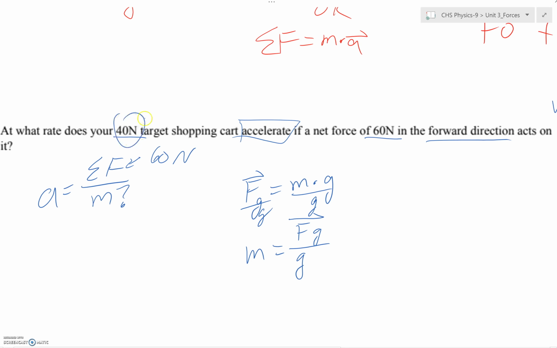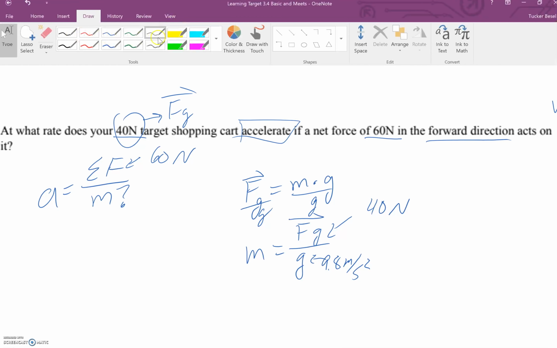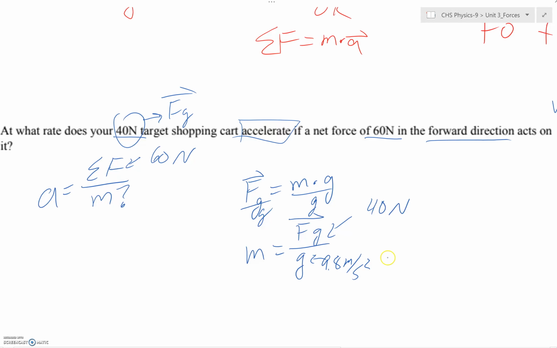This 40 newtons tells us the weight, so we plug in 40 newtons and 9.8 meters per second squared for g. The mass equals 40 newtons divided by 9.8 meters per second squared.